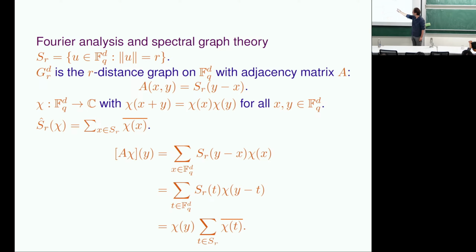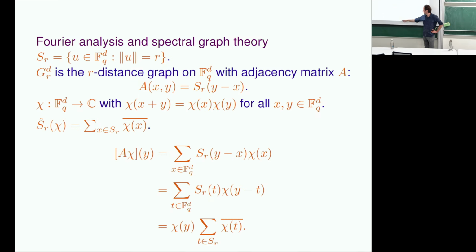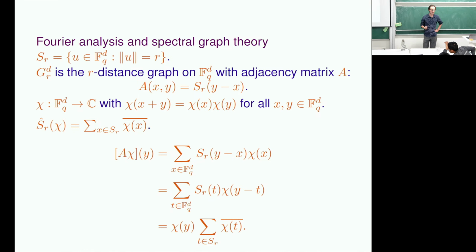We can change variables: t is going to be the same as y minus x. And now since chi is a character, we know that chi of y minus t is equal to chi of y times the complex conjugate of chi of t. So we can pull it out. And what we find is that A times chi is equal to chi times the Fourier coefficient of S that's associated to chi.